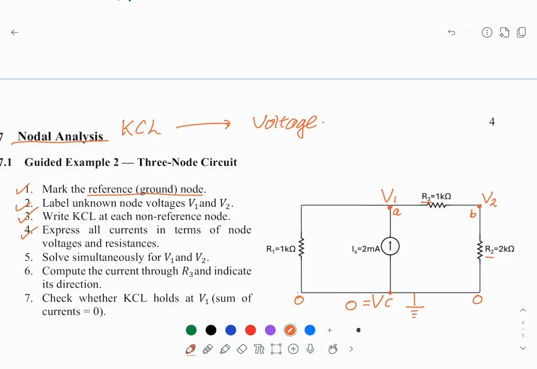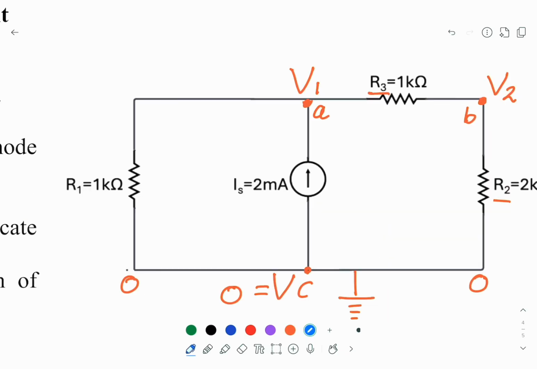And 4, express all currents in terms of the node voltages and resistance. This one here is IS. We can assume at node A, IS will split into two paths, one is I1 and the other is I2.